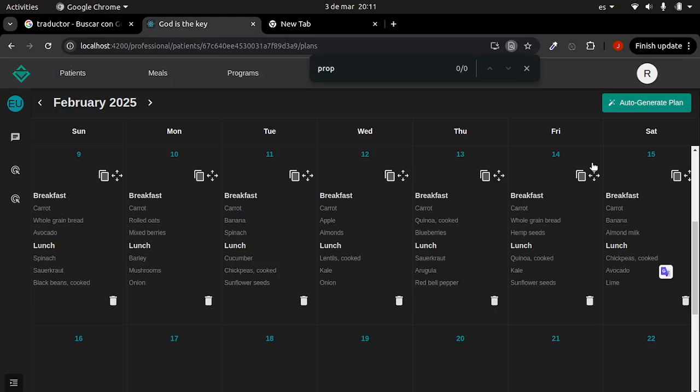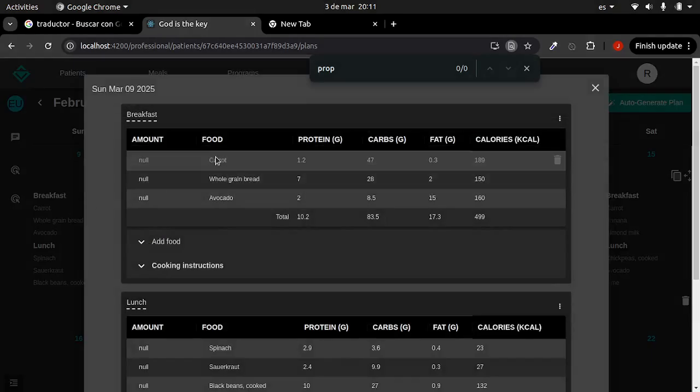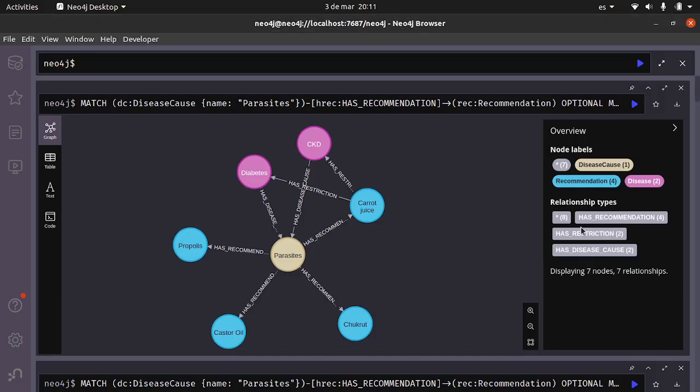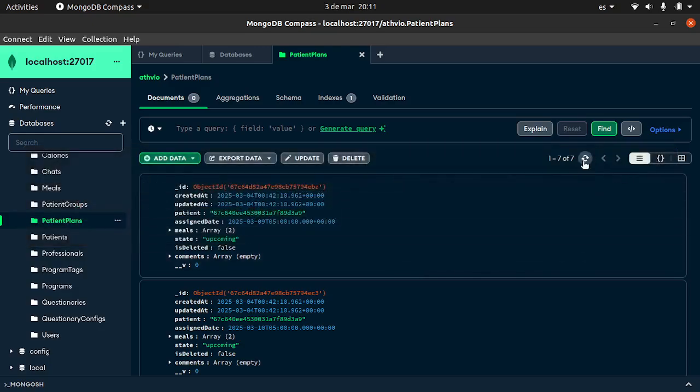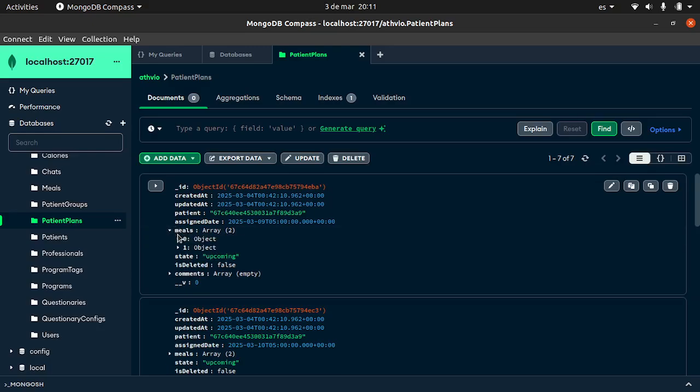Another thing, also carrot juice. At least ChatGPT could say that it is carrot juice and not only carrot. There is one way to check what the amount is. For that, I will check my database and see what amount ChatGPT assigned to carrot juice.